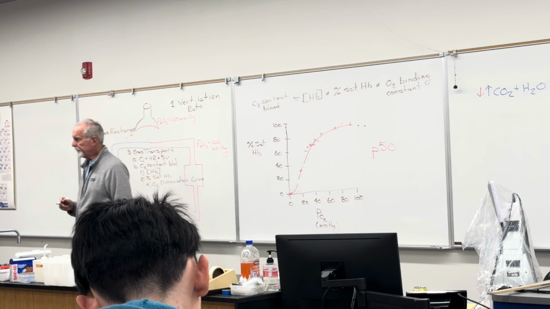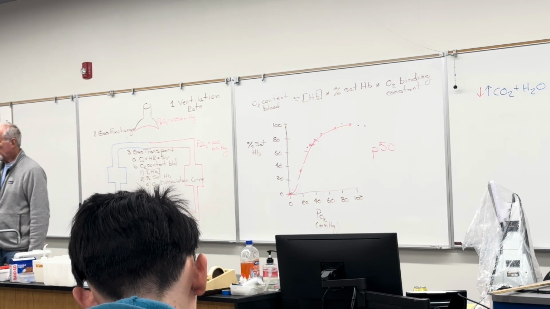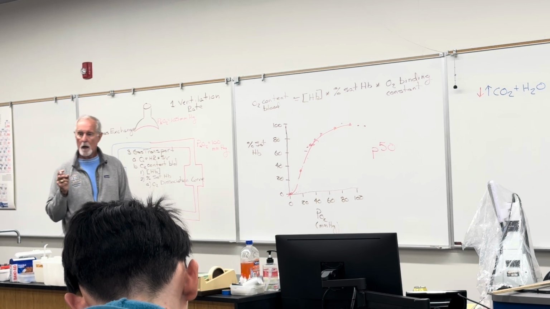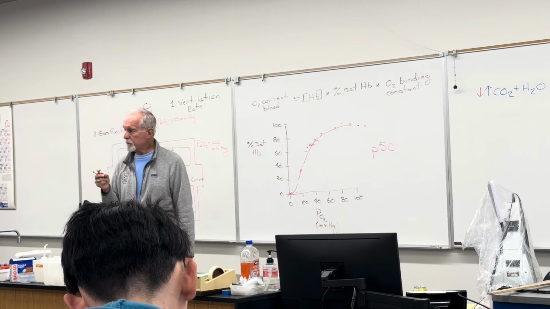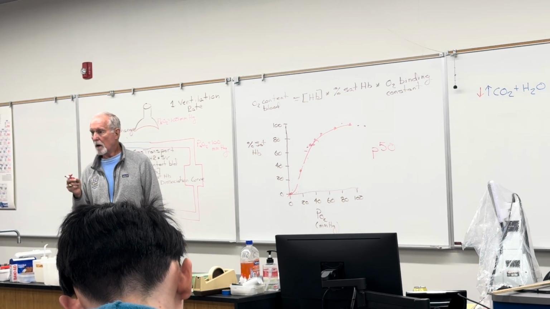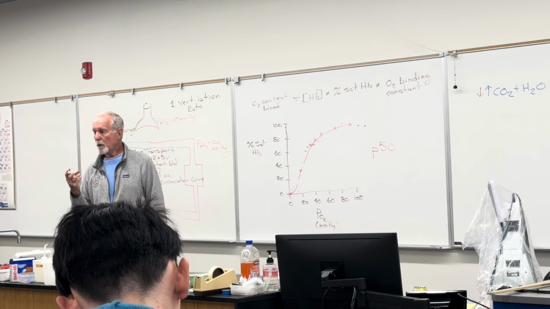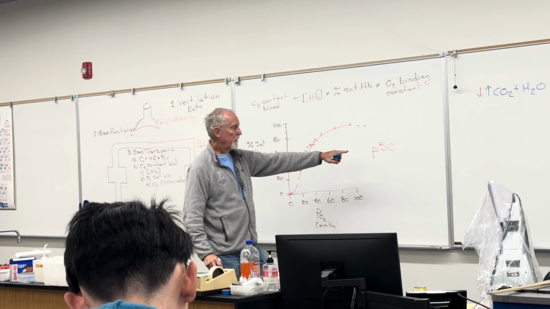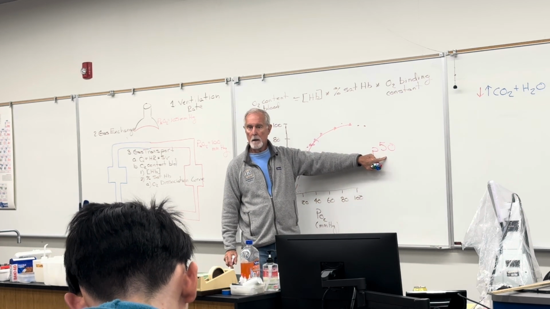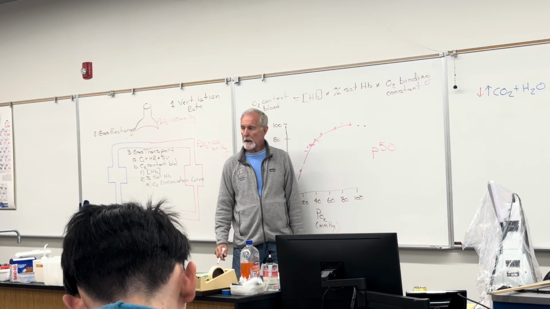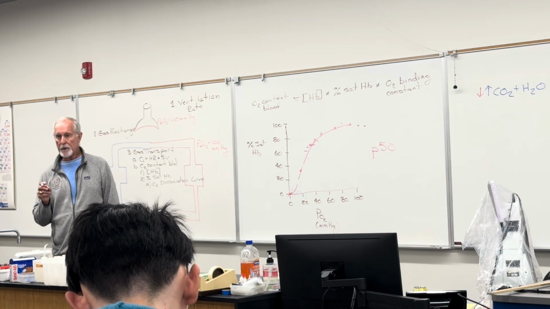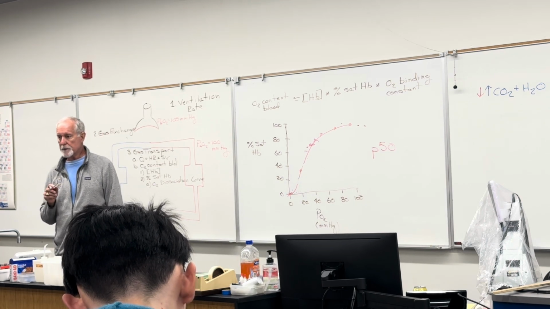And the P50 simply is an expression of the partial pressure of O2 where hemoglobin is 50% saturated. So this 50 is in reference to the partial pressure of oxygen where the percent saturation of hemoglobin is 50%.